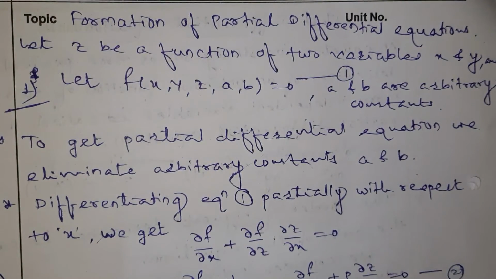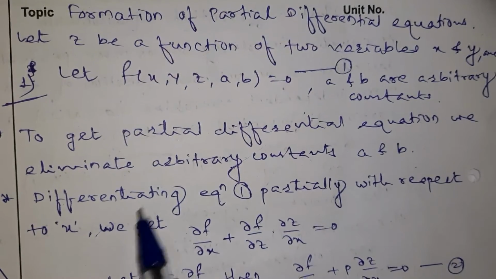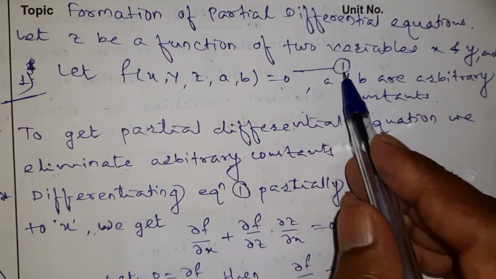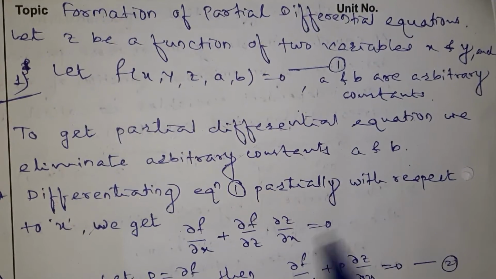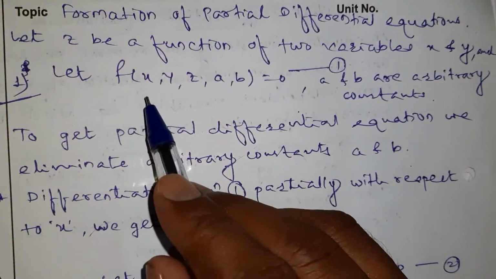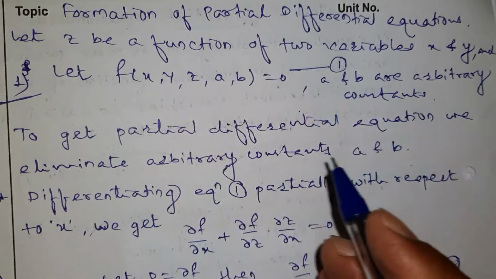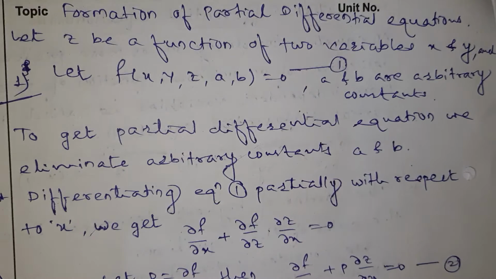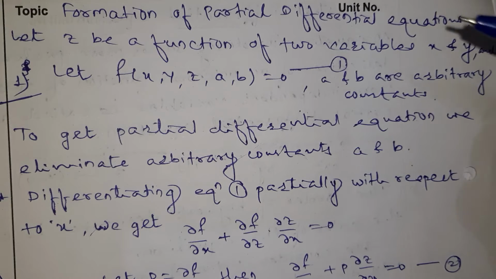So these are the two steps. The first is differentiating this equation, which we call equation 1, partially with respect to x, and the second is differentiating f partially with respect to y. Understood these two steps? Only these two steps we have to do, and then we just do the calculation and get the answer.